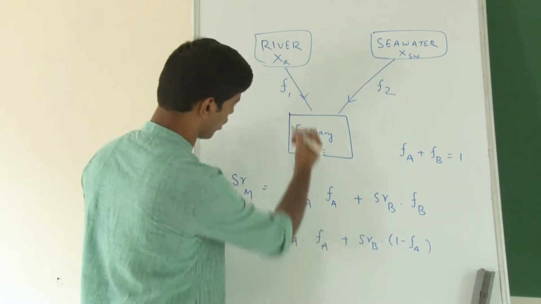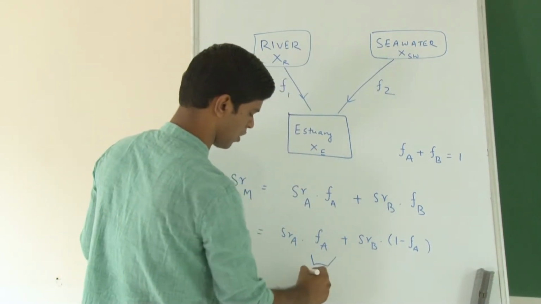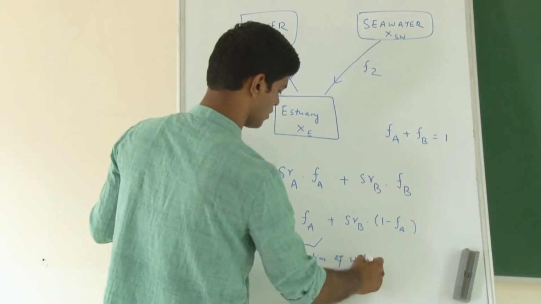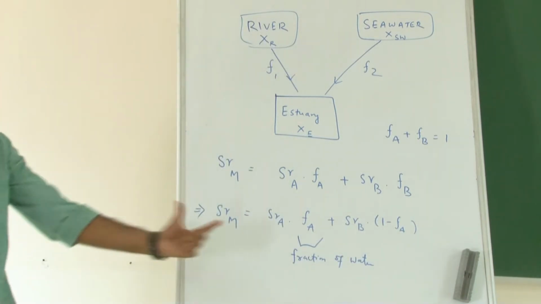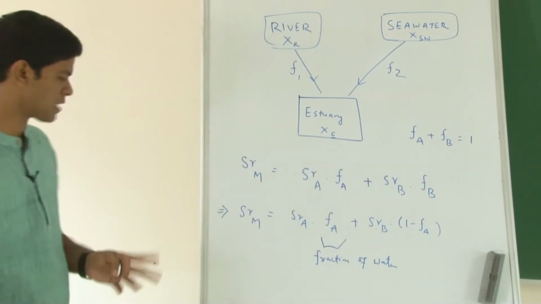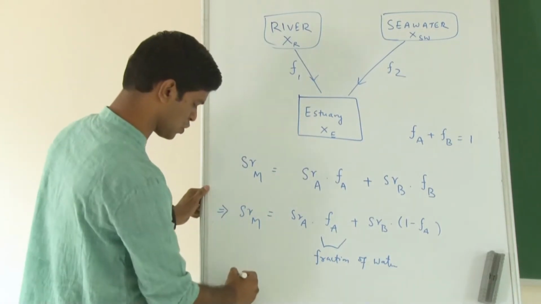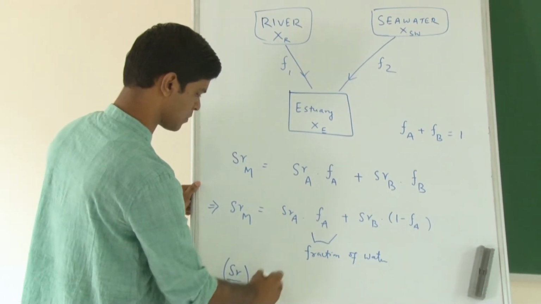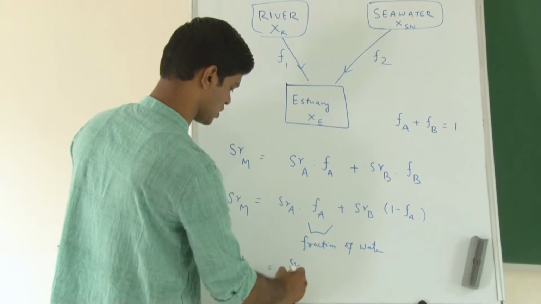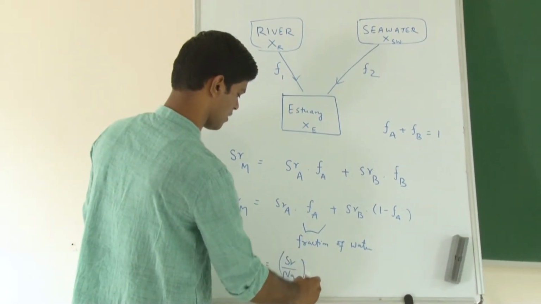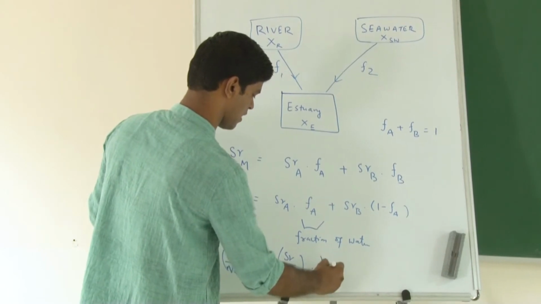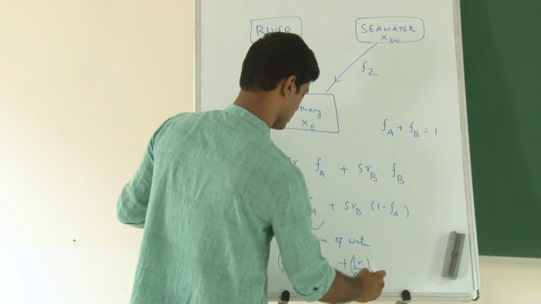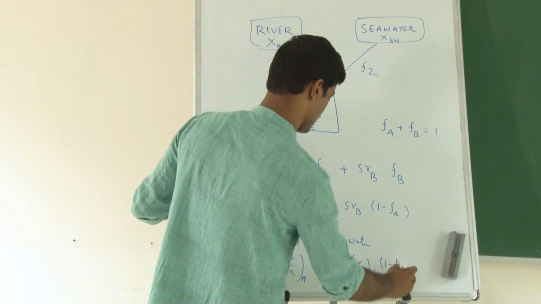So, here if you are talking of an estuary, then you are talking of the fraction of water coming. If you are talking of a sediment mixture, then you are talking of sedimentary fractions, but sometimes you may need to use this as strontium by sodium, the ratios may be needed. In that case, please remember, if you are creating an equation of strontium by sodium in A, and let us say this is Pa, and strontium by sodium in B and 1 minus Pa.